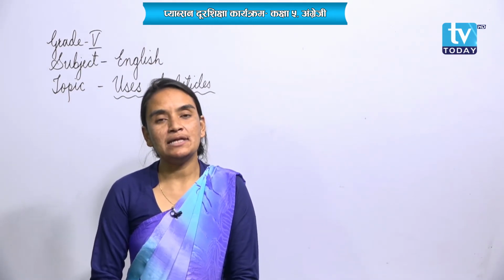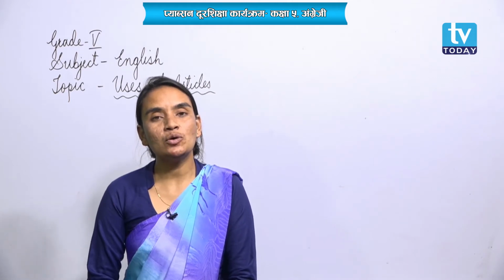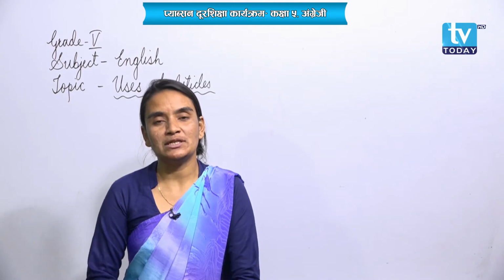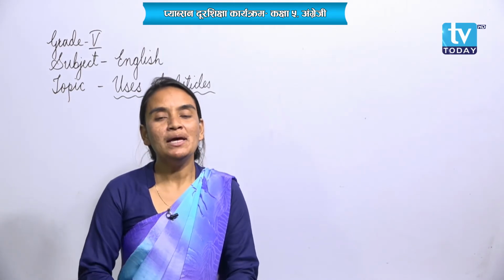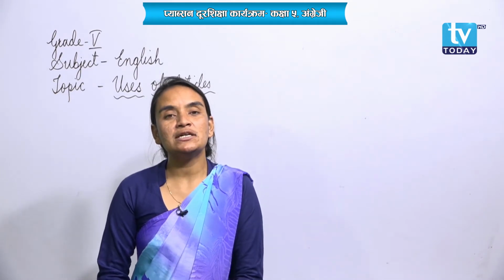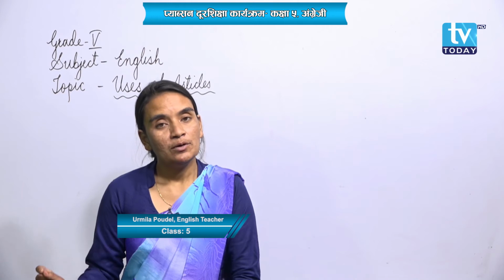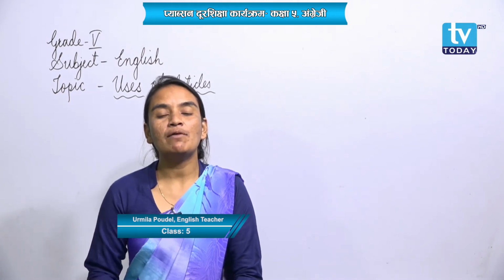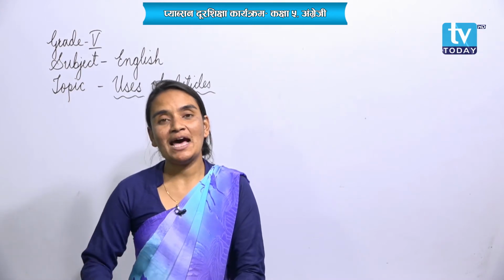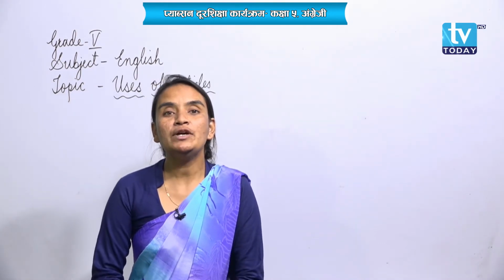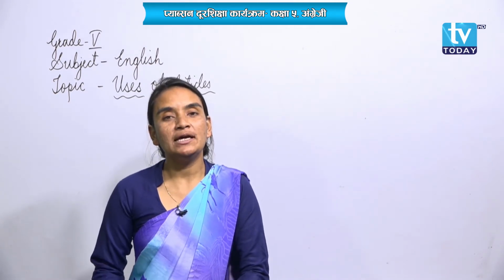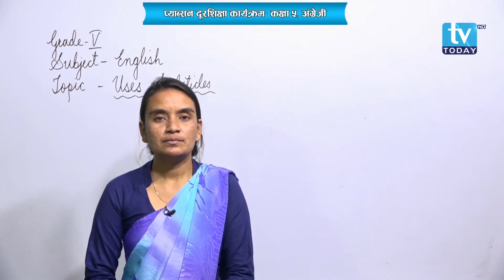Now let us go to the use of all these articles. We are talking about them, but now we need to consider them as useful aspects of our language. To consider them as an important part, we need to know the rules. We need to know where they are used.